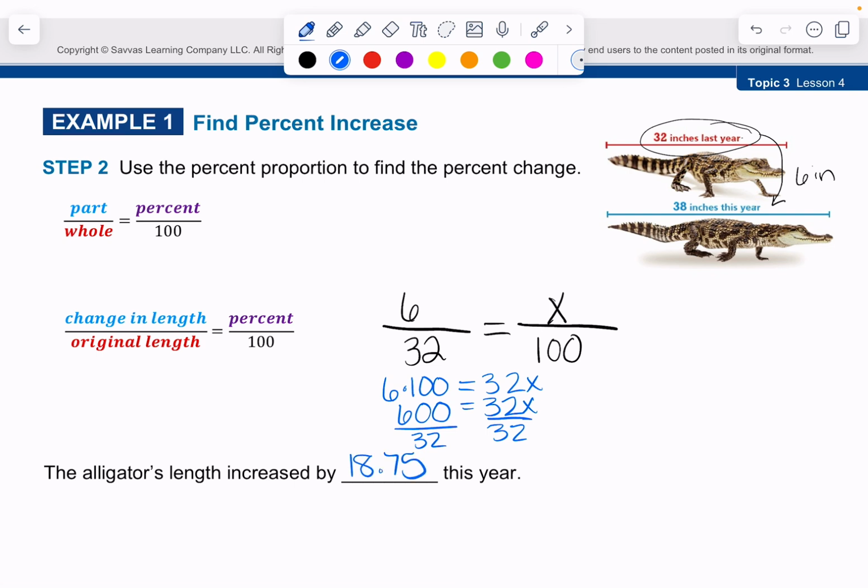Because we're solving for the percent of change, we put the percent symbol on there as well. This means the alligator's length increased by 18.75% of its original length of 32 inches.